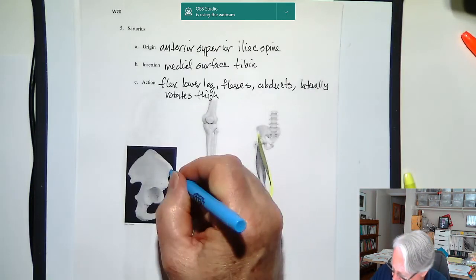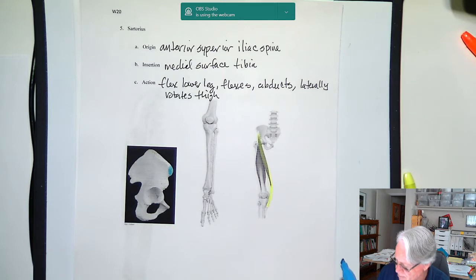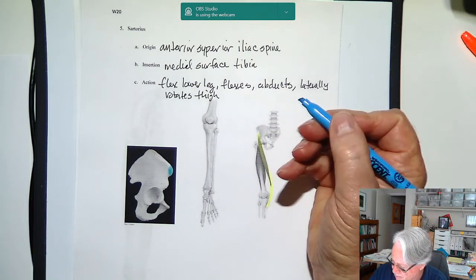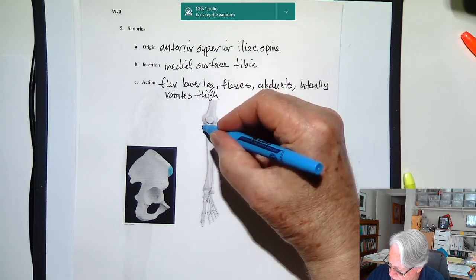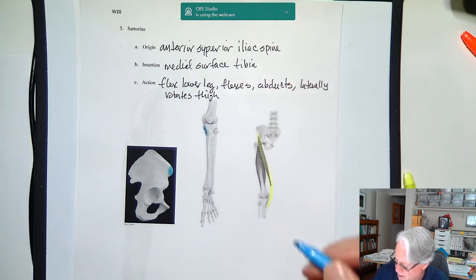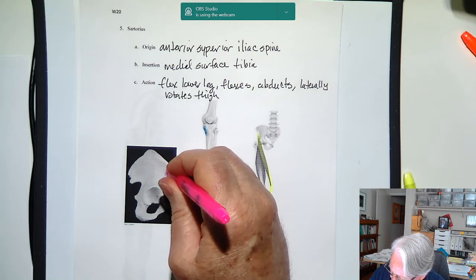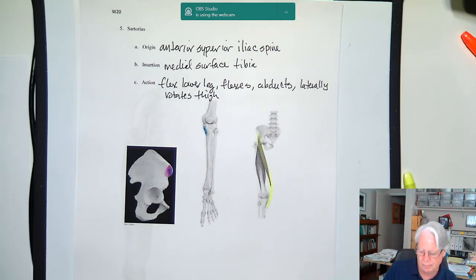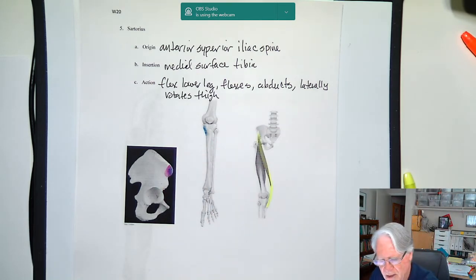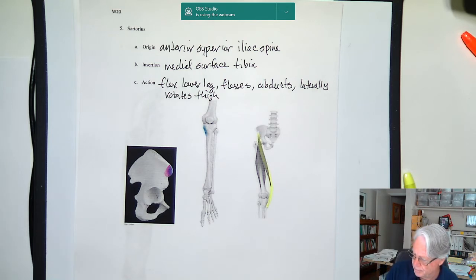We're going to start right here, and we're going to end up right here. Uh-oh, SpaghettiOs. There we go. Sartorius muscle.